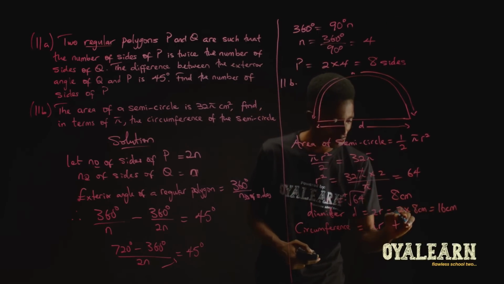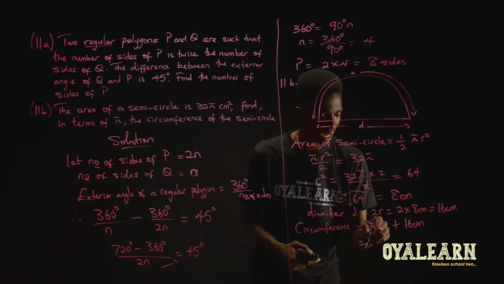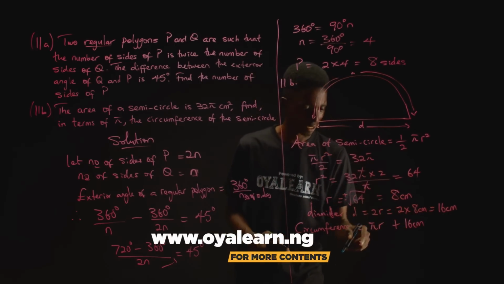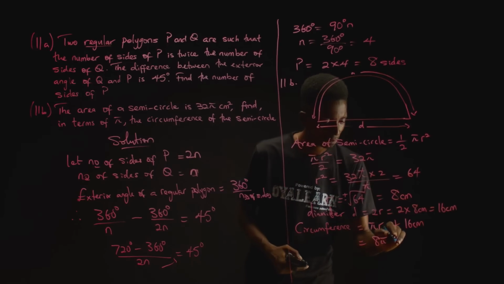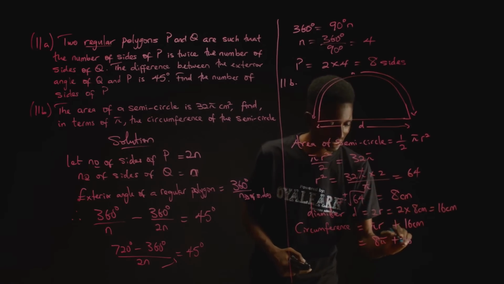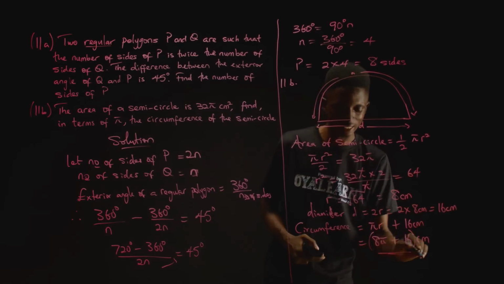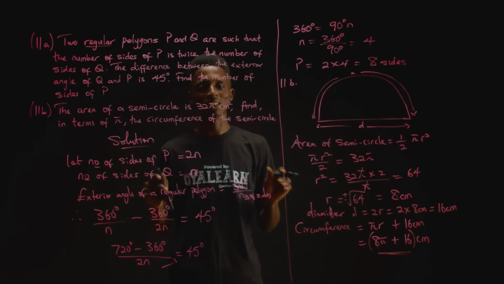The diameter here is 16 centimeters. So let's put this together. Our r is 8, right? So that is 8 pi plus 16, all in centimeters, being the circumference of the semicircle. And with that, we have solved question 11.